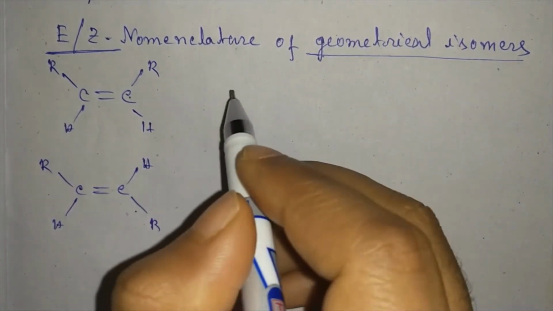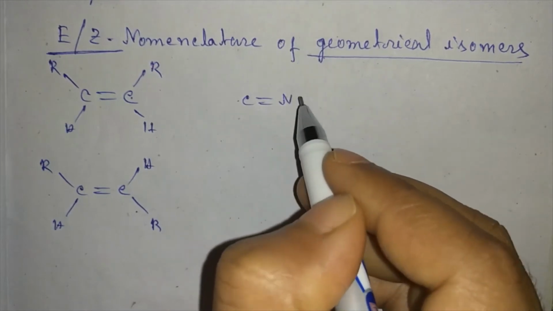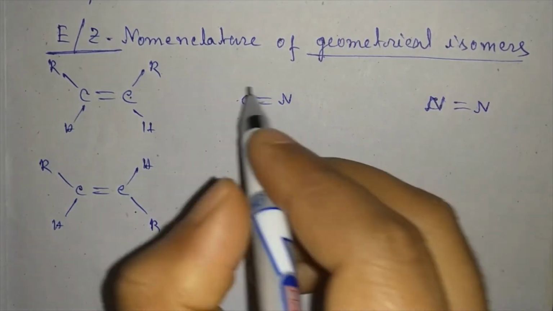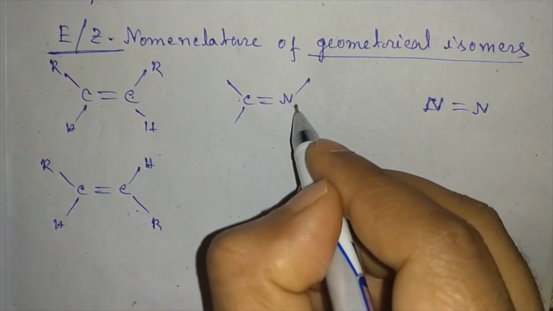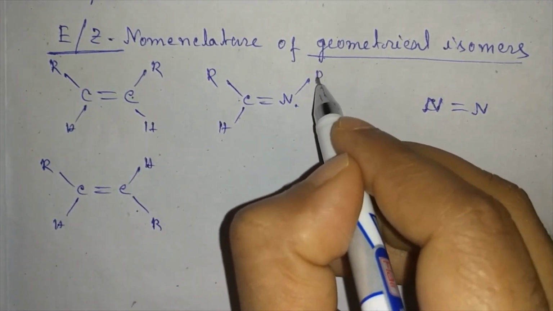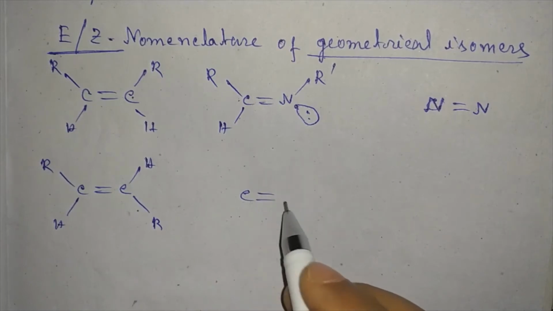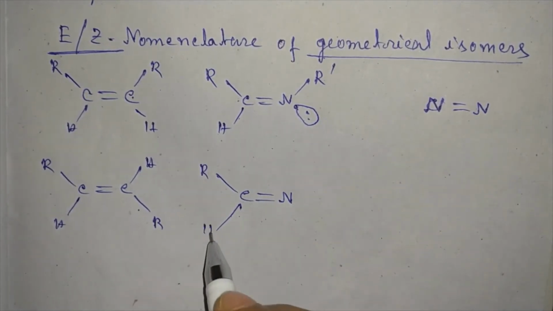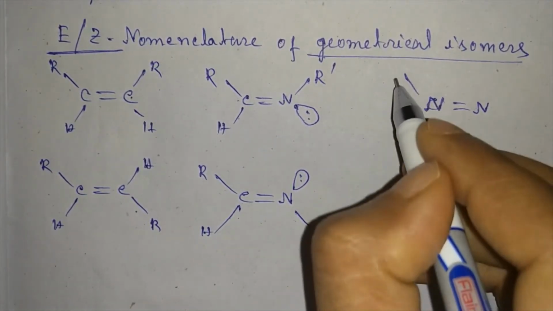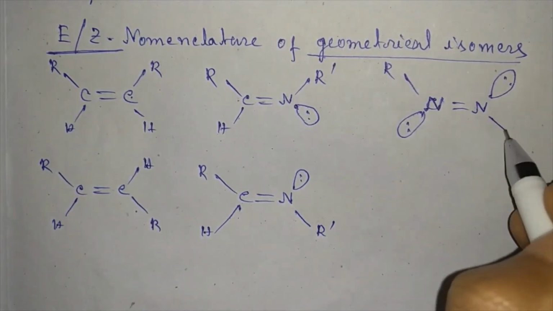Geometrical isomerism also arises in the case of C double bond N or N double bond N. Here R, H, R prime, and here there will be a lone pair; R, H, R prime, R, R prime.